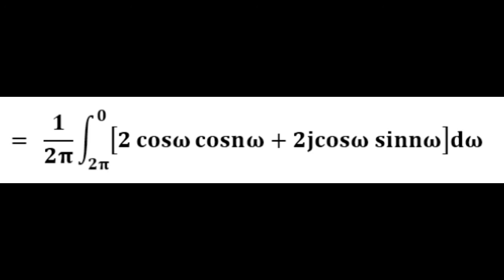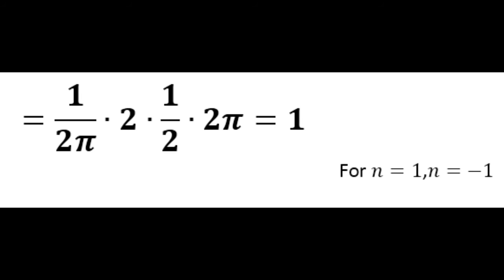For the second one, 2j cos ω sin nω can be converted into 1 over 2 sin((n plus 1)ω) minus 1 over 2 sin((n minus 1)ω). By solving the integration from the previous equation, you will get 1 over 2π times 2 times 1 over 2 times 2π, and you will get 1. 1 is actually the answer from the previous x[n]. Regardless of what you do, you still get x[n] equal to 1.